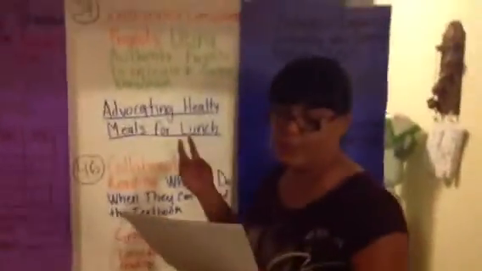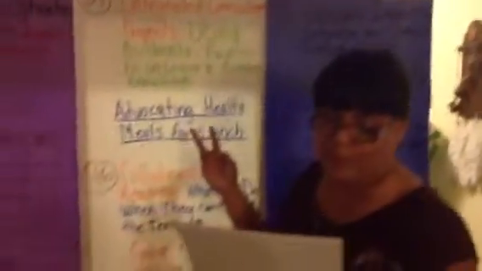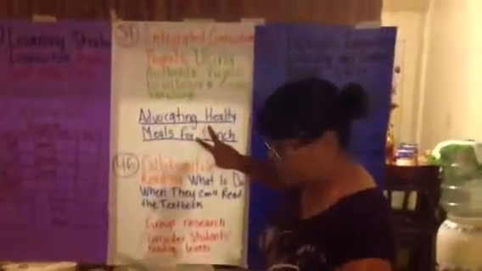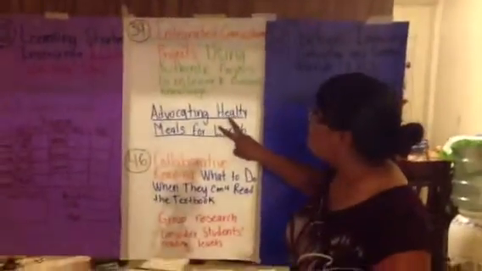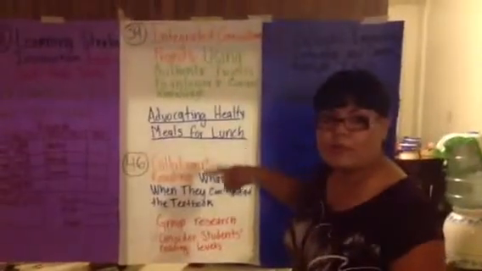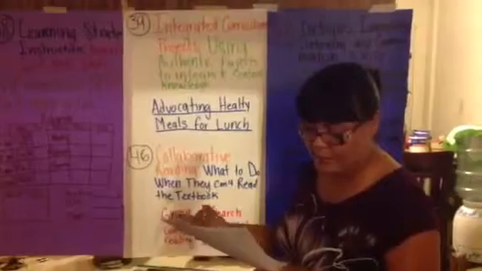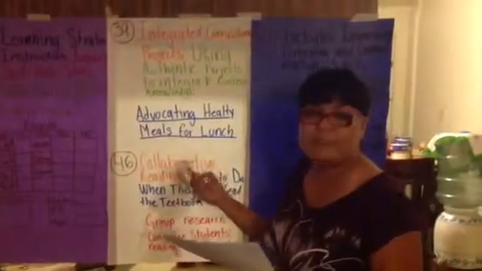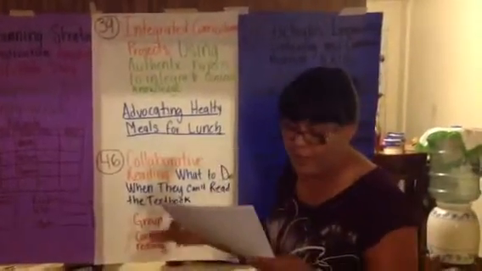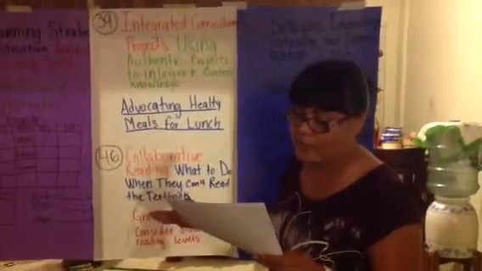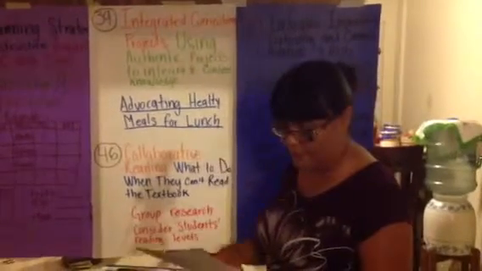Strategy 39 is integrating curriculum projects, using authentic projects to integrate content knowledge. This strategy is a good strategy to help students connect what they learn in school with real life. And this strategy emphasizes group work and peer work, as well as activating learning in real life.